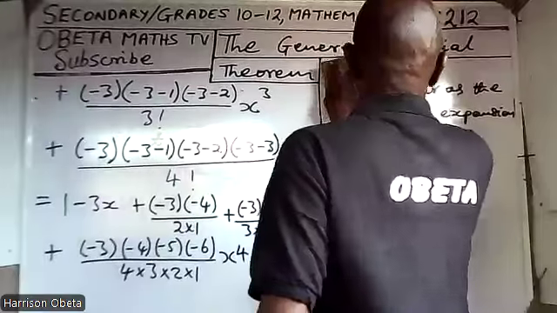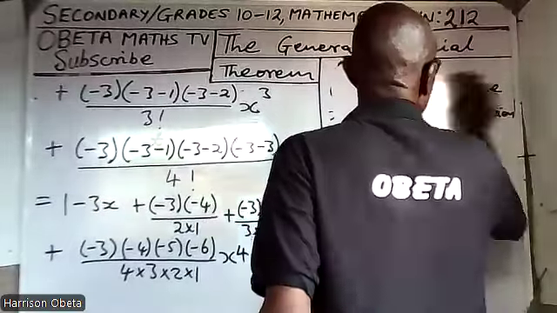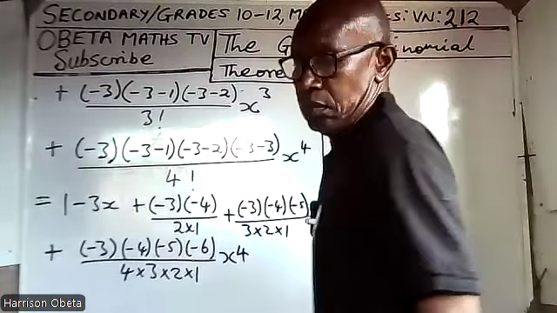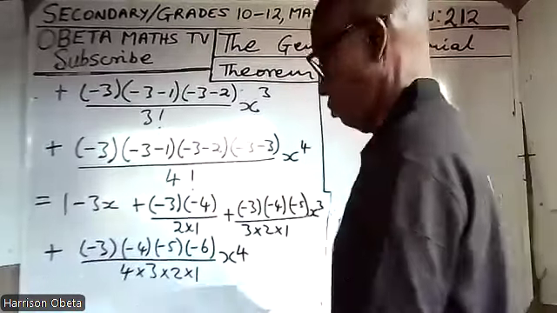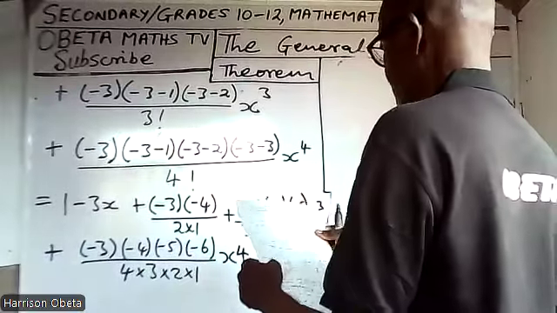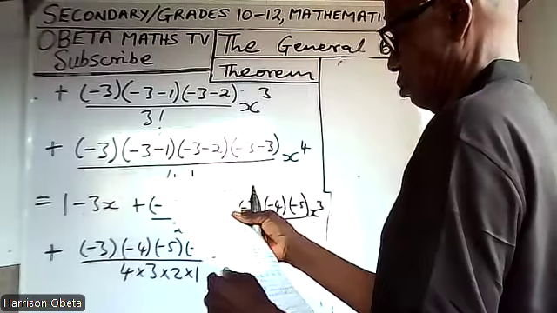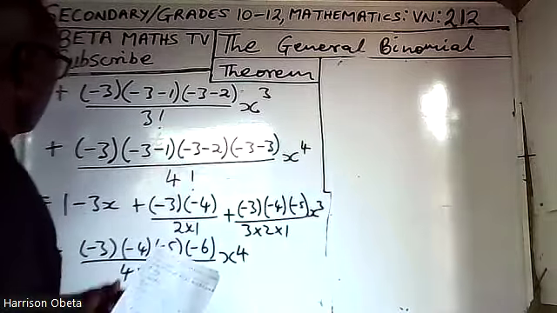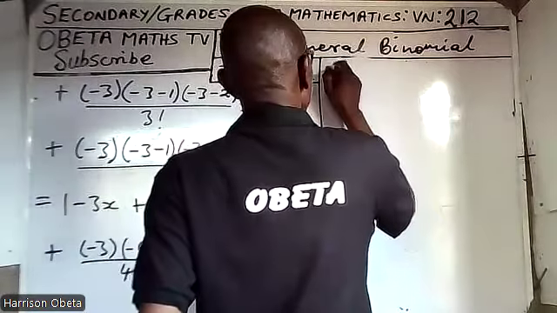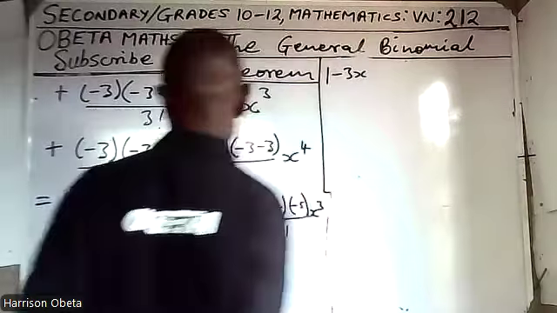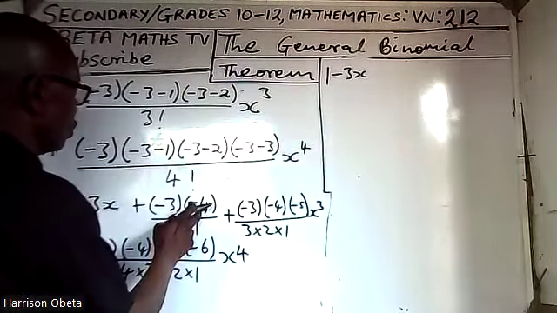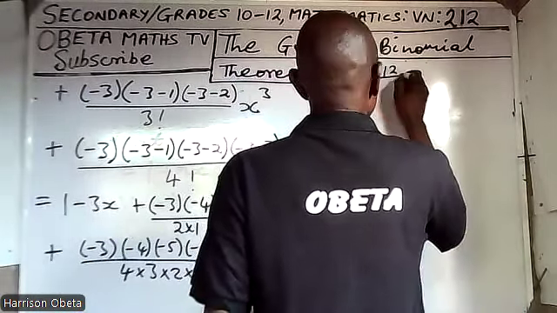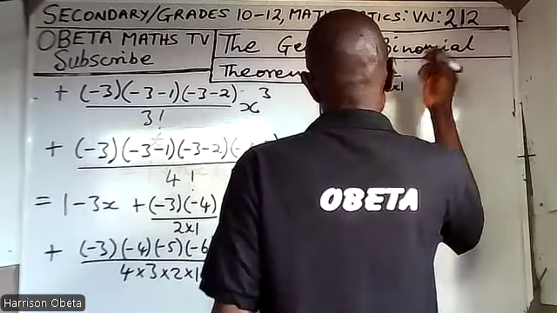We'll come over here again to simplify. So simplifying that, we have 1 minus 3x. Coming back, this and this is 12. That should be plus 12 all over 2 times 1, which is 2.